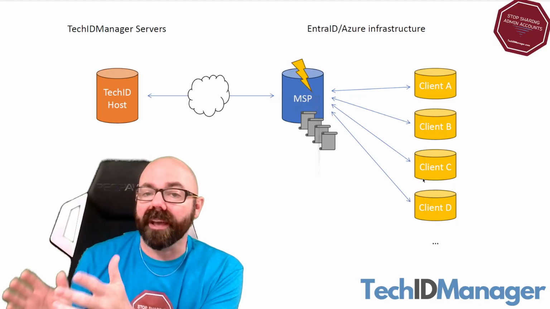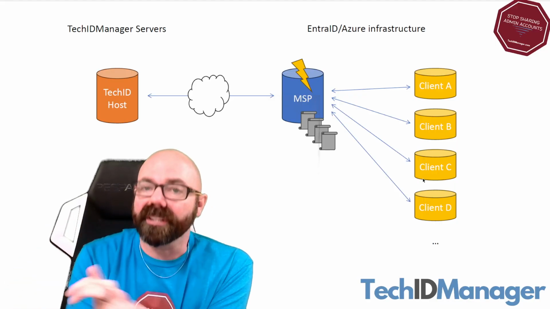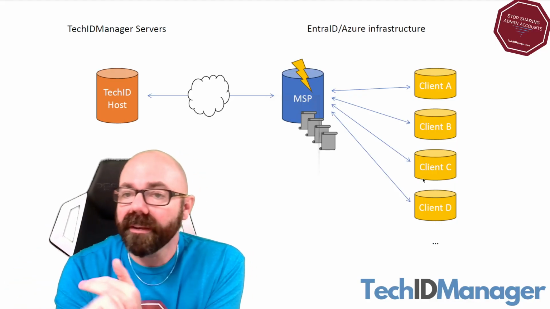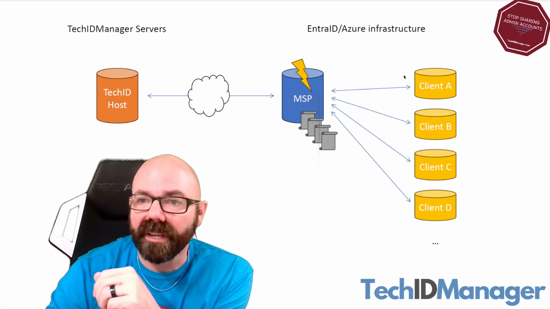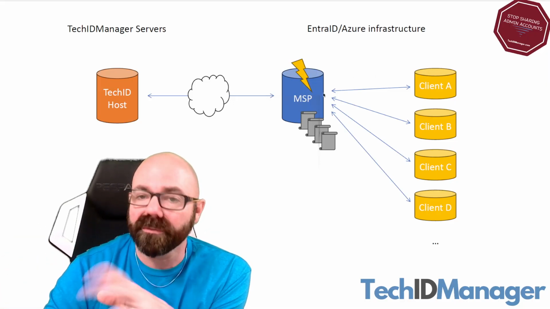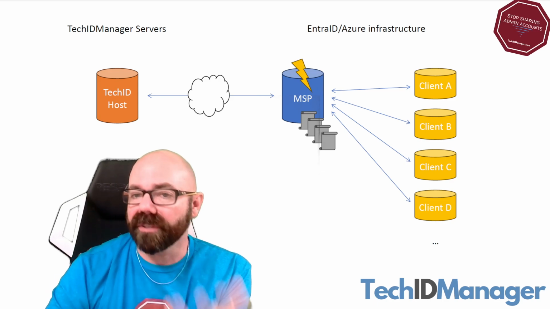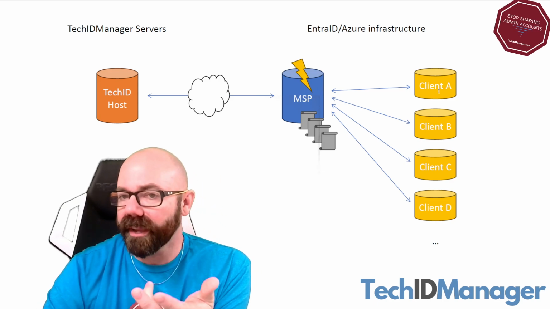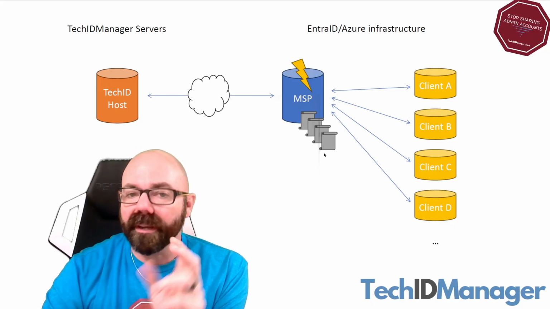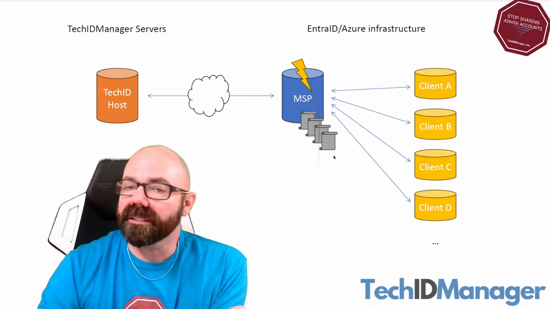If you have an existing TechIDManager installation and you're upgrading from the legacy install, which had a function similar to this executed in each client tenant, but now you'd like to move those to one function that executes in the MSP tenant, and then individual linked calls or links to the clients, there's a little bit of trickiness.